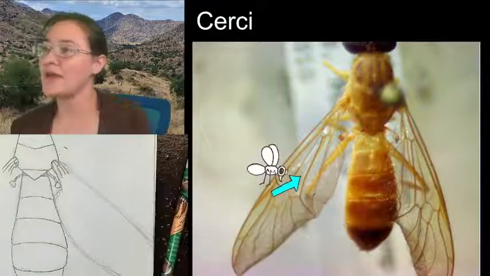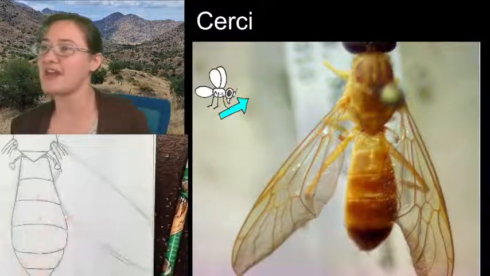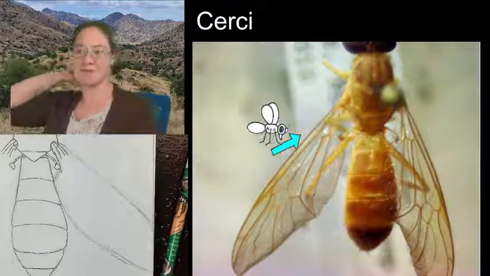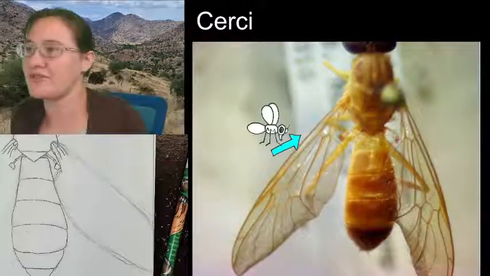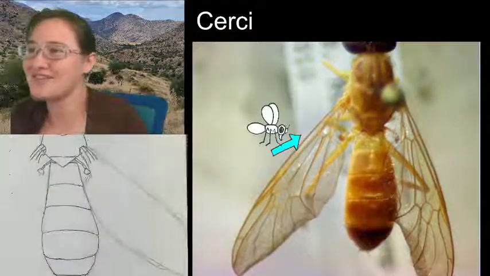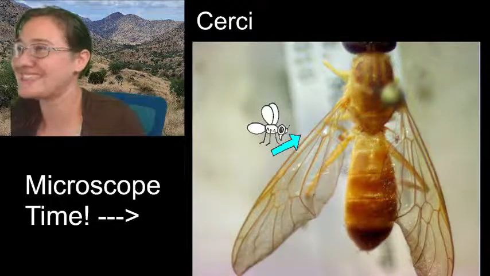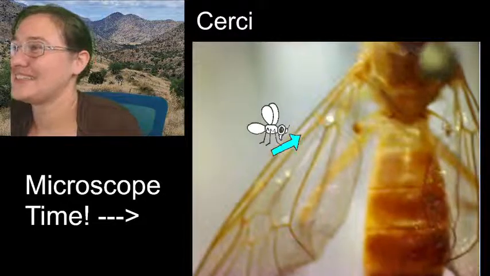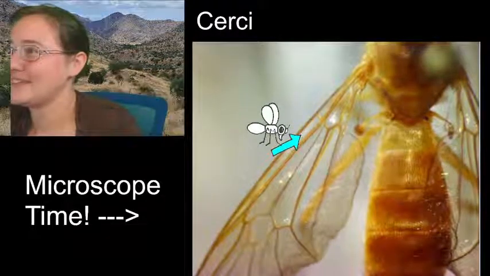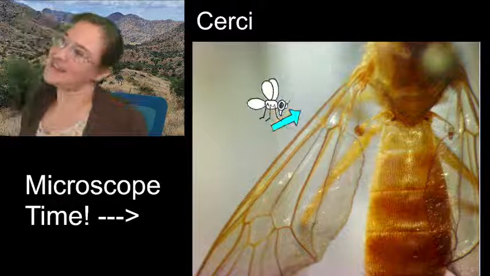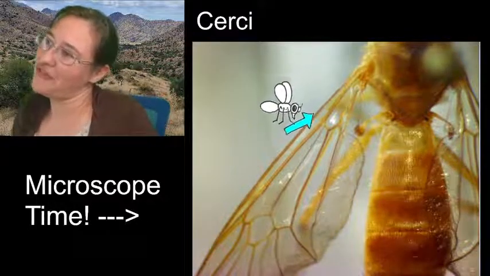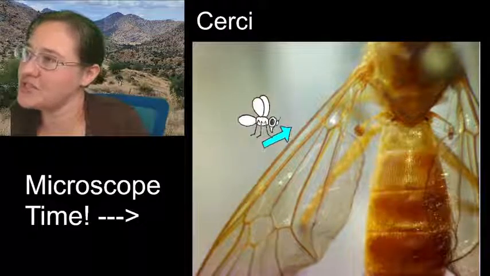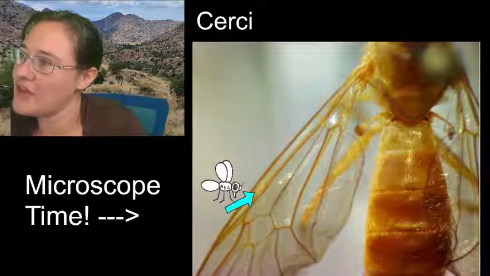I've got this outline of our wing taken care of. I want to zoom in a little bit at the base here and see what the wing venation is happening in there. Alrighty, so we've got what I would call the costal vein, the first vein on our wing, all the way up here.